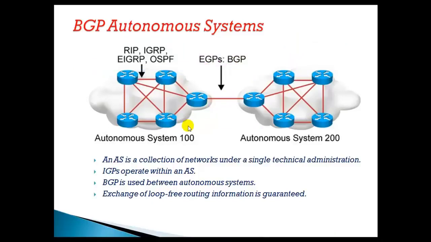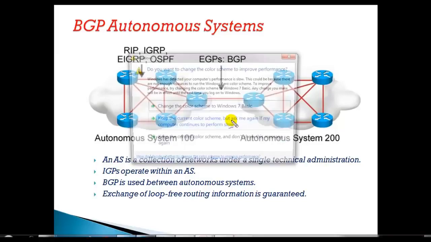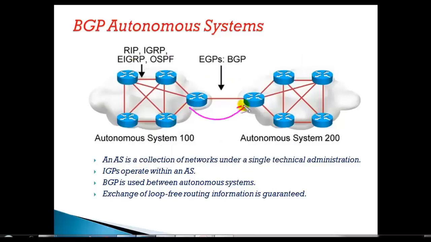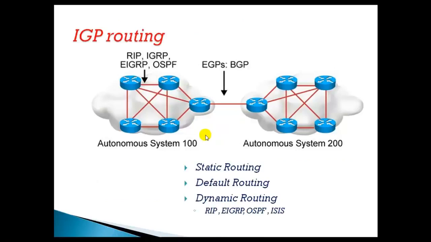We'll see more in detail about the BGP features. Now in this section we have seen the autonomous system number. It's just routers under a common administration. Now if you are communicating between two or more different autonomous system numbers, like we are trying to exchange the routes between two or more different autonomous system numbers, we use a protocol called BGP. Okay, so next thing we'll see is IGP routing.